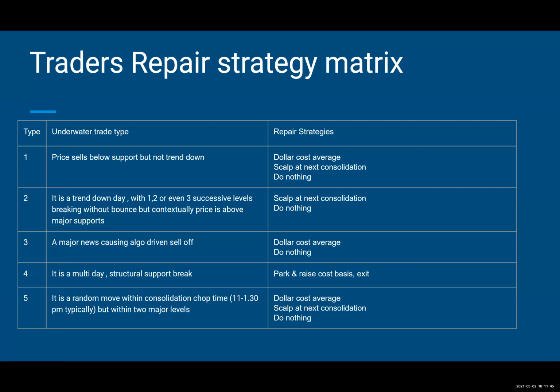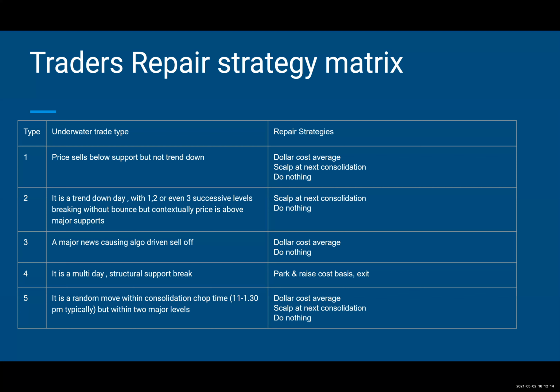There I would not use dollar cost averaging, because that does not always work, in the sense that price could move a lot more, and it may not revisit that original price for a long time, maybe for months if it's a breakout situation. So there I will just park that trade, and I will do the raise the cost basis and exit strategy, which is explained again in the main video that I mentioned.